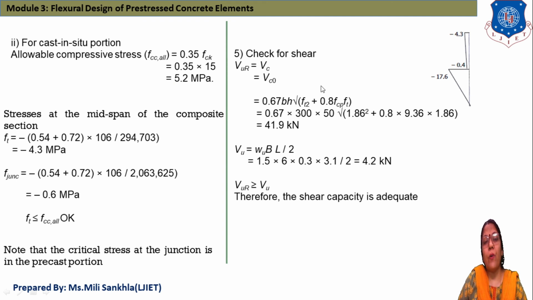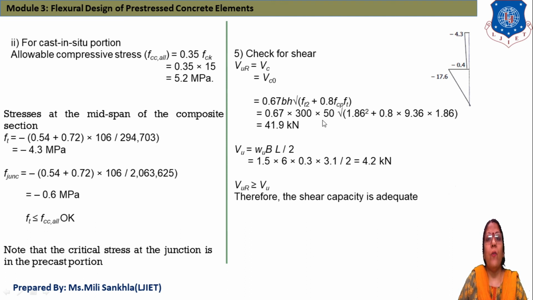Now we check for shear. For the shear check, consider Vur is equal to Vc, and this Vc is equal to Vcu, and the equation of this Vcu is equal to 0.67 b h under root of ft squared plus 0.8 fcp ft.